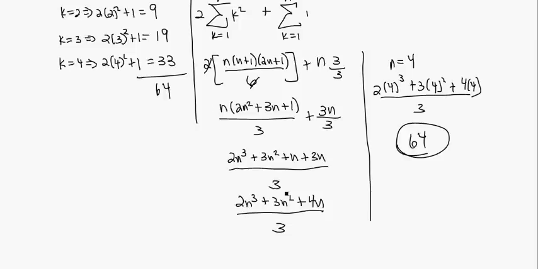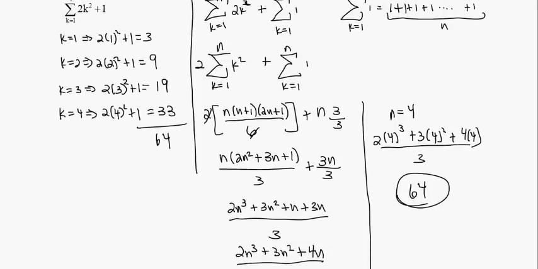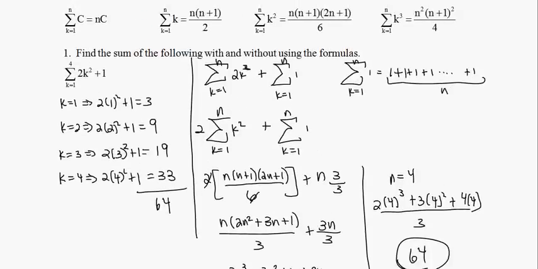When there's only 4 terms, it's not that bad. If we had 100 terms, there's no way I'm going to write out all 100 terms and then add them all up. I can just plug 100 in here and I'll be done a lot faster. So that's the purpose behind sigma notation, finding a sum of an expression for any number of terms. N number of terms in this case can be rewritten this way using the formulas that we have at the top of the page. So these formulas are obviously very important and they need to be memorized.